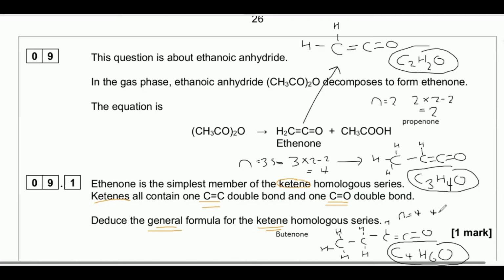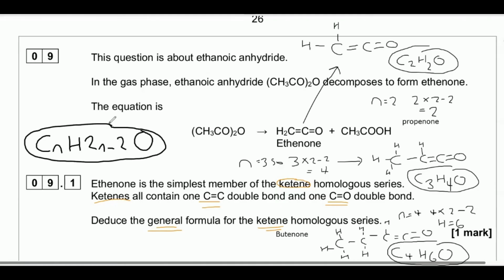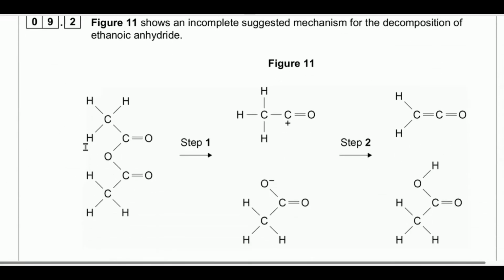And for the third one, when n is 4, because the carbons are 4, we go times 2, which is 8, minus 2 equals 6, and that works out with our C4H6O formula. So we can now construct the general formula, CnH2n-2O. All of them have one oxygen atom. And remember, with successive members of a homologous series, they go up by 1 carbon and 2 hydrogens, as you can see from those first 3 I did.